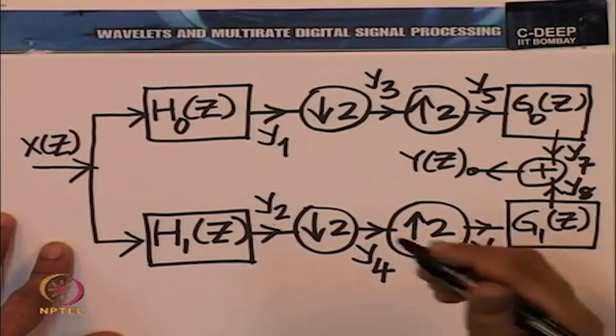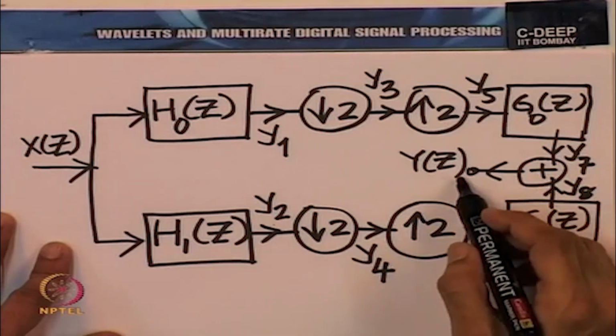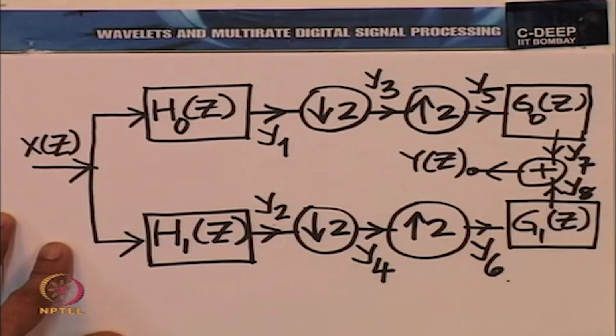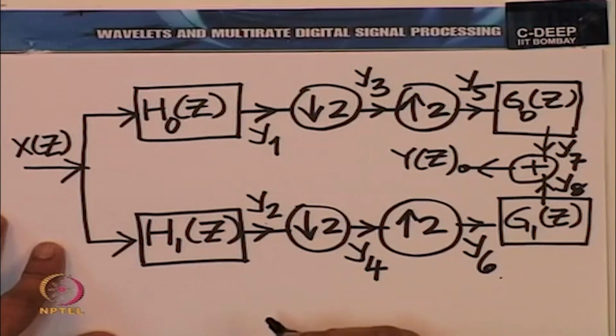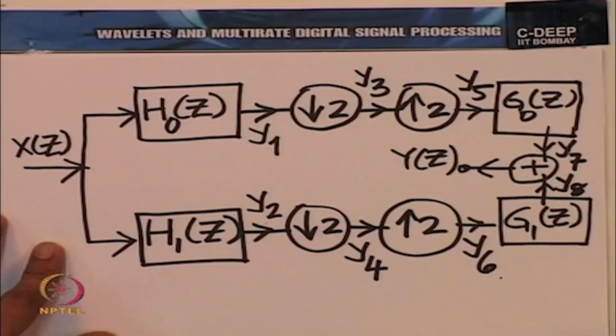And in fact, let me take you one step even further. After all, Y(z) is obtained by adding Y7(z) and Y8(z), and therefore we already have Y(z) before us. Let me write down those steps quickly.